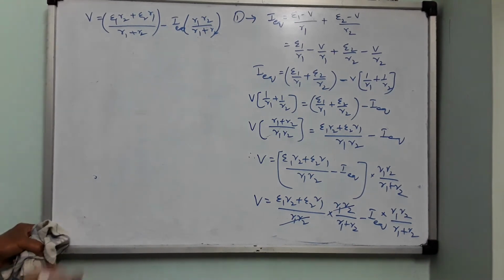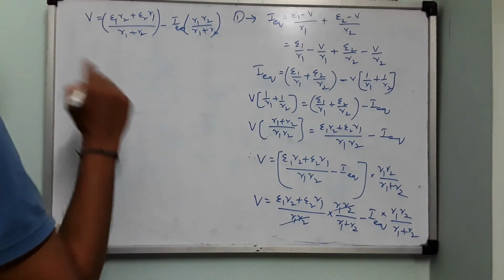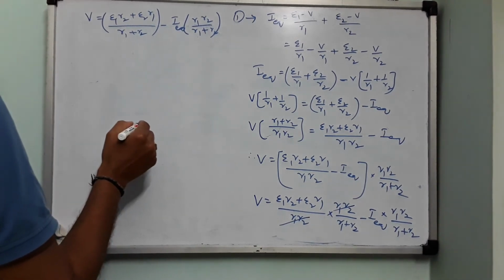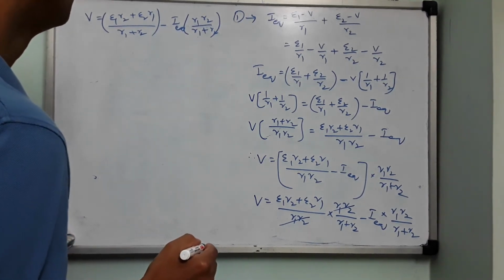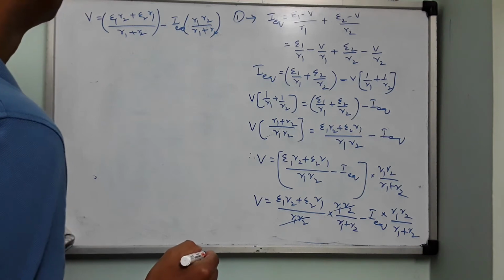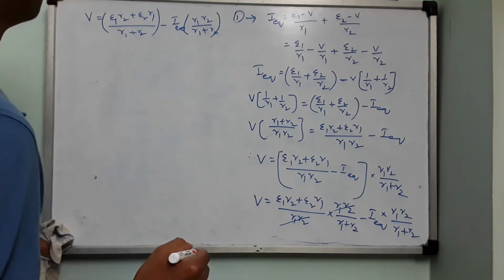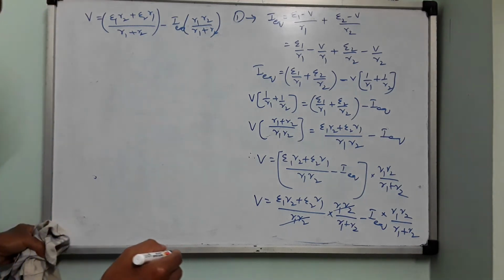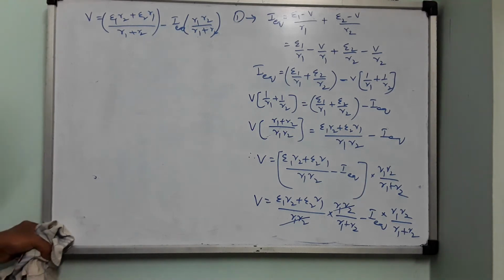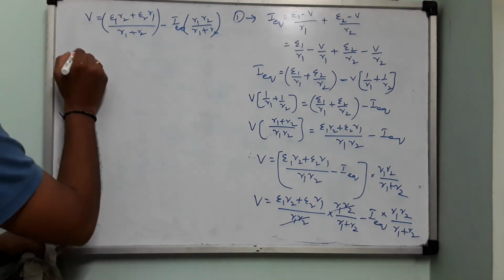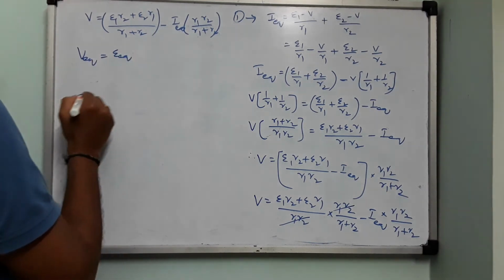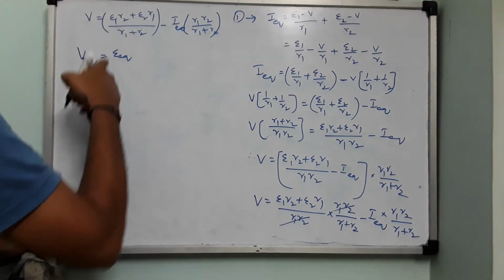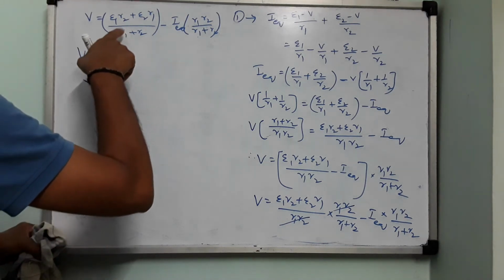So this you can write as V equivalent equals E equivalent. Okay, this entire thing will be E equivalent. You see the dimension of this one.